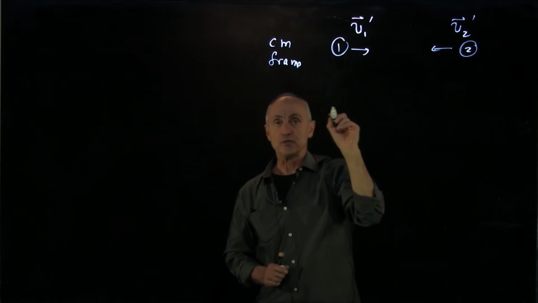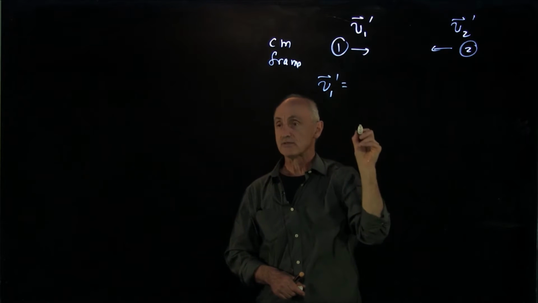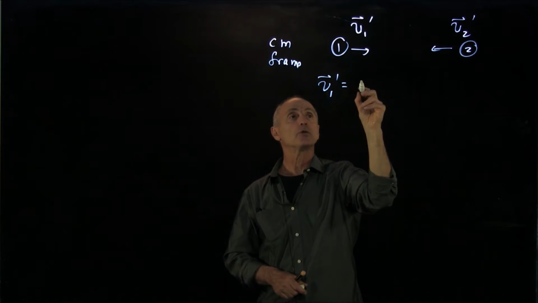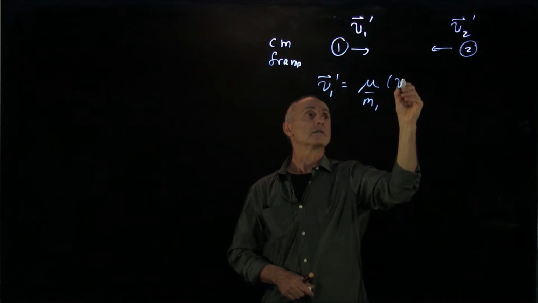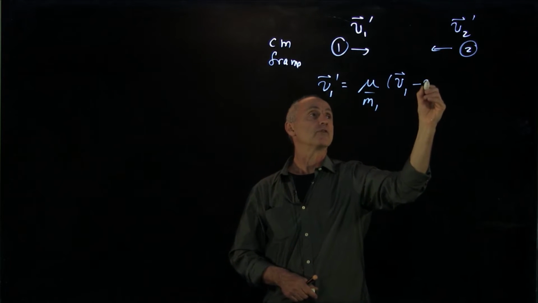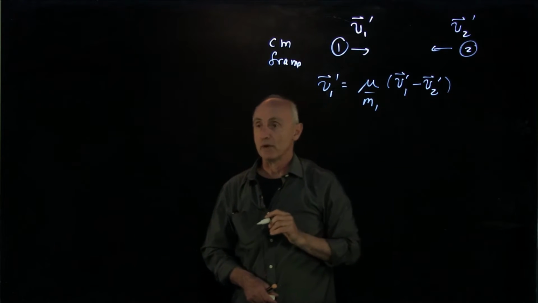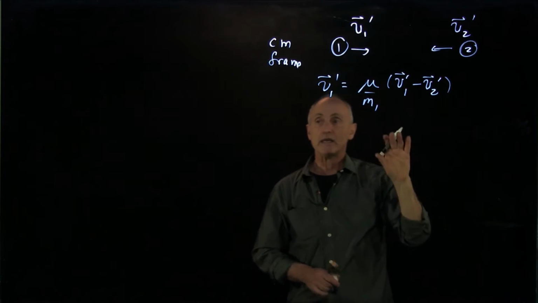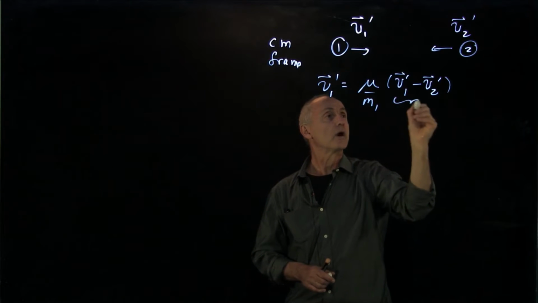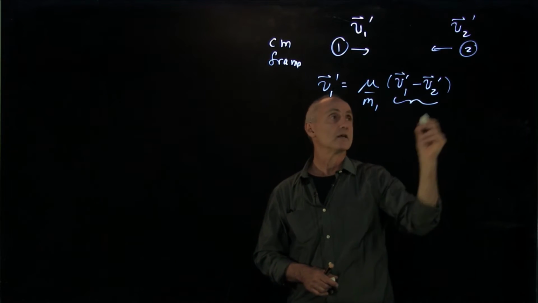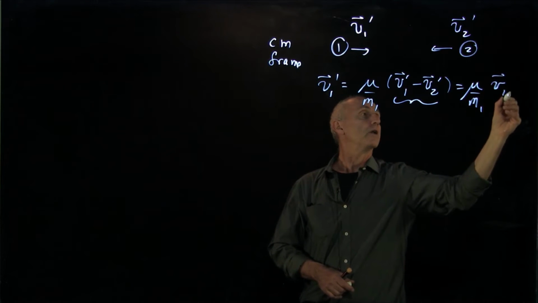And recall two things. That when we calculated v1 prime in the center of mass frame, we found that this was equal to the reduced mass divided by m1 times the relative velocity of the two objects, v1 prime minus v2 prime. Now, in the center of mass frame, this quantity is reference frame independent, and so we can just write that as v12.